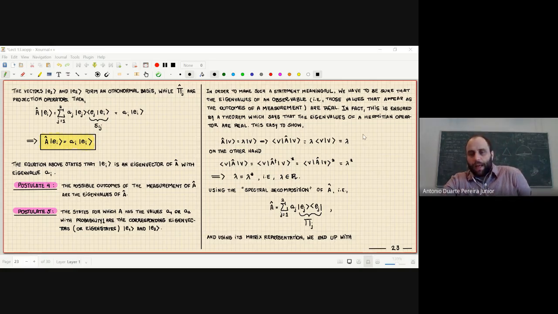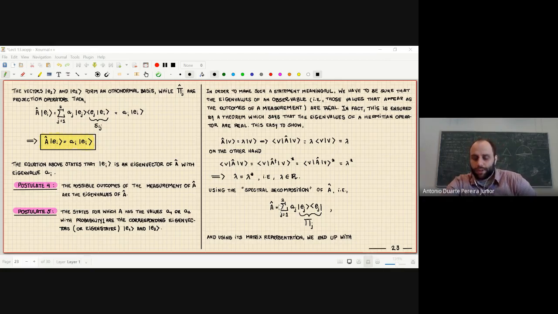Okay? And there is another important result in linear algebra, the so-called spectral decomposition of an operator. It says that a Hermitian operator can be written as the sum of its eigenvalues times the outer product of its eigenvectors. This is a theorem in linear algebra, and you see that this is exactly what we have seen before.